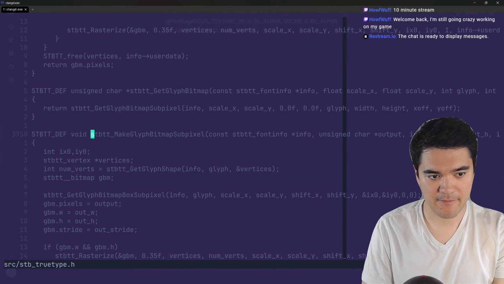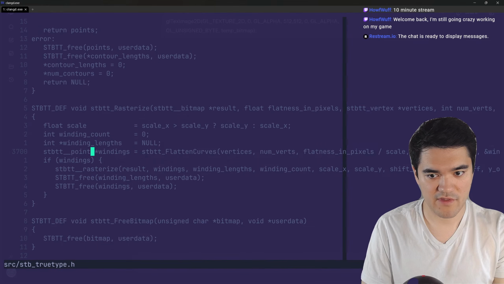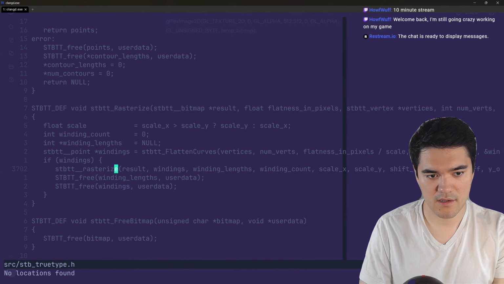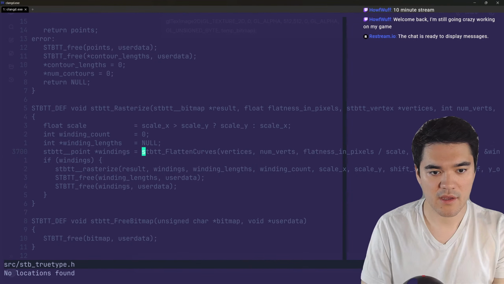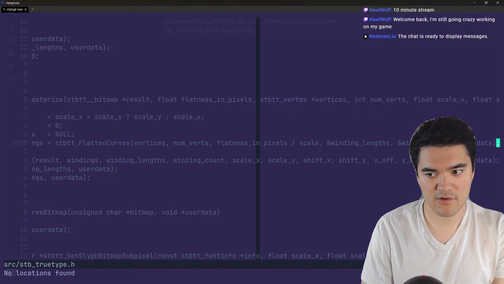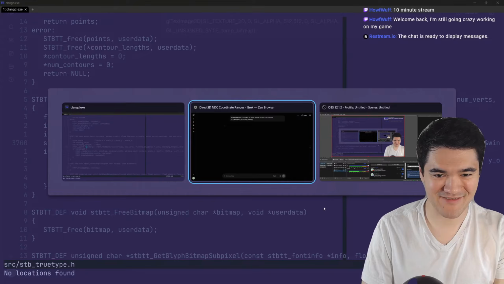That's what we would want, right? Rasterize. Yes. Flatten curves. Rasterize. Oh, it just puts it back in there. Flatten curves. So it's passing it back into something. If windings, windings.